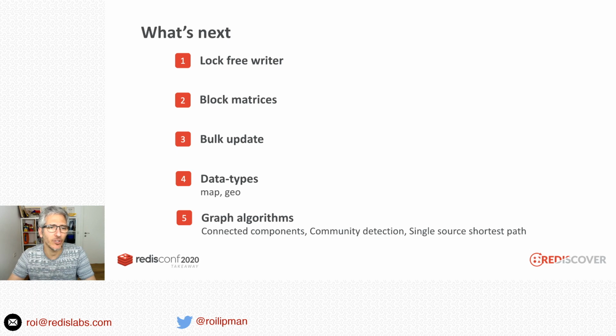The second feature that we want to introduce is an enhancement to our matrices representation. Currently, all of our matrices are what I refer to as flat matrices. Block matrices is a different representation or a different way of looking at a matrix.